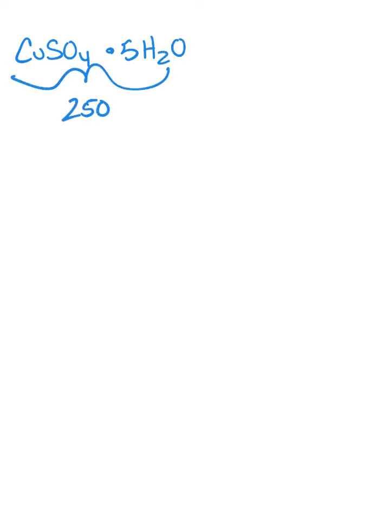Okay, so now once we know that the copper 2 sulfate pentahydrate has a total mass of 250, and we know that the copper 2 sulfate weighs 160 and the 5 waters weighs 90, we have the parts and we have the whole. So the percent of water is going to equal the part over the whole times 100.